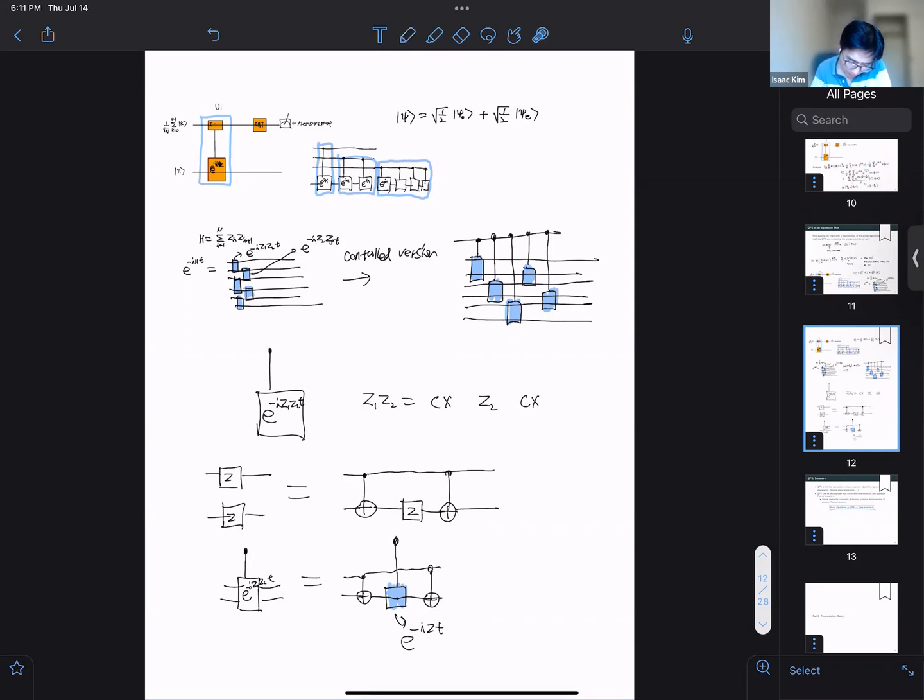So you basically have a two-qubit gate, which is a CX gate here and here. And this thing in the middle is a gate controlled on here. So it's a controlled e to the minus i Z t gate. So in this case, you would be able to break it down into two-qubit gates like this.